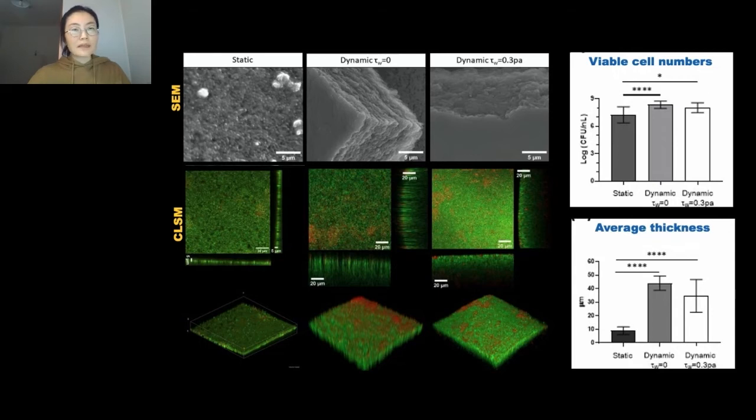The biofilm thickness measured from this image shows that biofilm cultured with continuous fresh medium supply is significantly thicker than static cultured biofilm. In addition, the airflow in the top channel produces thinner biofilms compared to when there's no airflow.